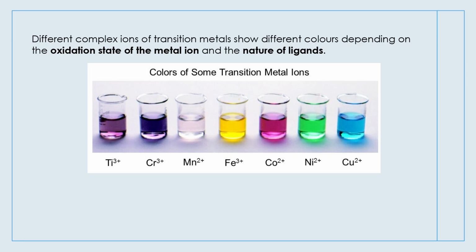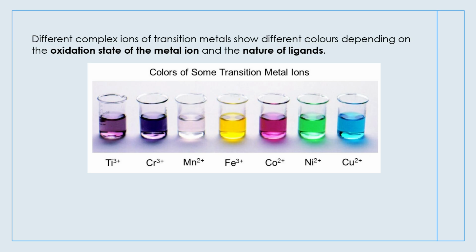One thing that you must remember is that for d to d electronic transition, you need unpaired electrons. It means if a transition element has unpaired electrons, then it will give color. And if you remember, for magnetic behavior, we studied that there is one element in the 3d series that lacks unpaired electrons, and that was zinc.